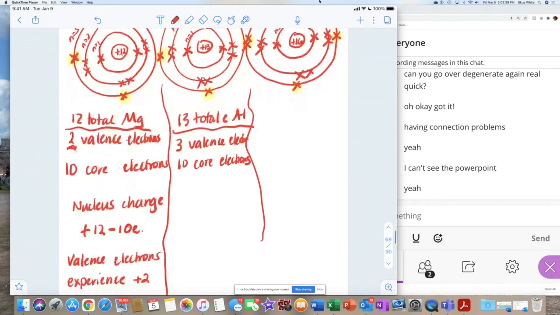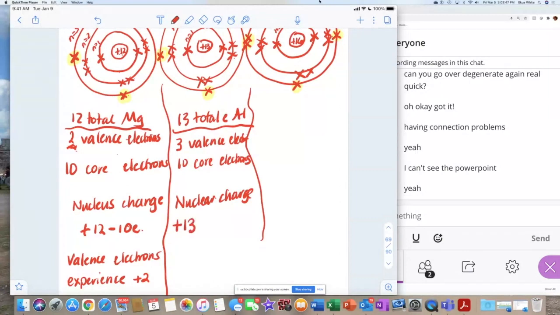How does this play out with the nucleus charge? The nucleus charge or the nuclear charge, same thing, is what? Plus 13. But remember, only the core electrons can block the outer electrons. How many core electrons do we have? We said right here, we have 10 core electrons. So the 10 core electrons neutralize the nucleus. So we only end up with a plus 3 charge for the outermost electrons.